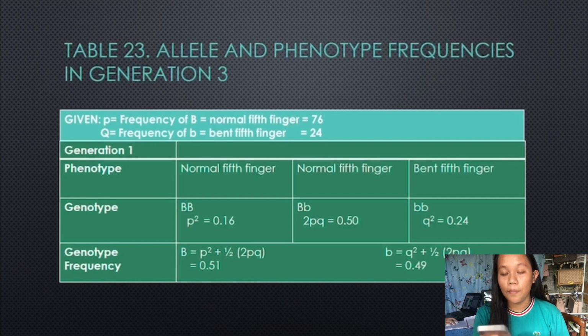The genotypes are double big B, big B small b, and double small b. P squared is equal to 0.16, 2PQ is equal to 0.50, and Q squared is equal to 0.24. The gamete frequencies are 0.51 and lastly 0.49.